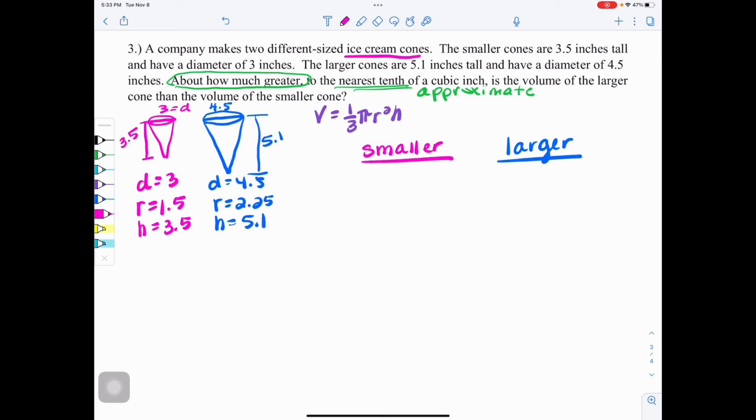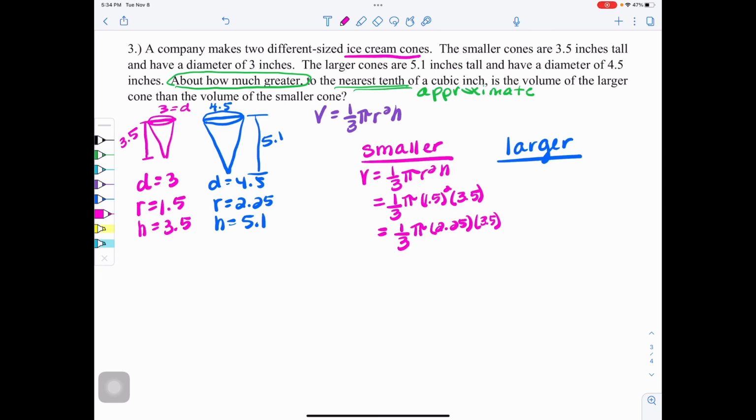So the smaller, we're using our formula 1/3 pi r squared h. We're going to rewrite what we know, but for r, we're going to put 1.5, and that's going to get squared, and then times it by the height, which is 3.5. So that's going to be 1/3 times pi, 1.5 squared is 2.25. And then we have our height of 3.5.